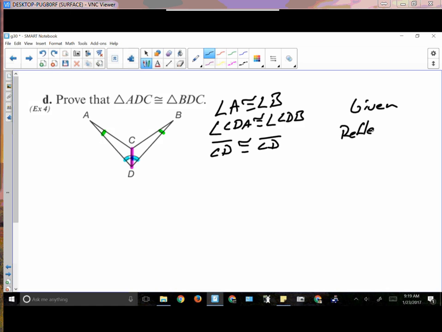Reflexive. Triangle ABC is congruent to triangle BDC. The more you work these out, the easier it's going to become. So, here you go.